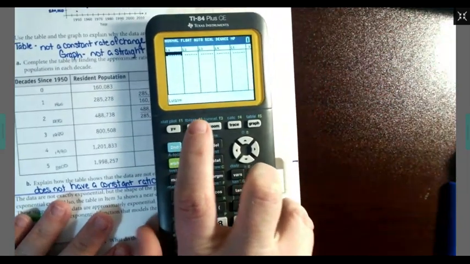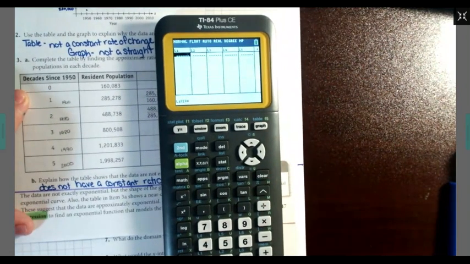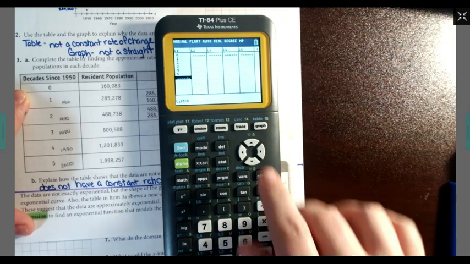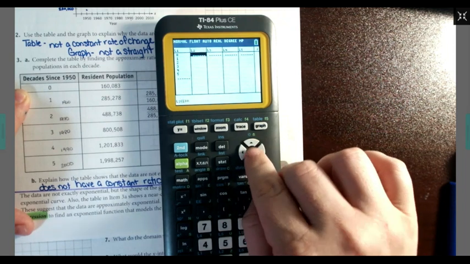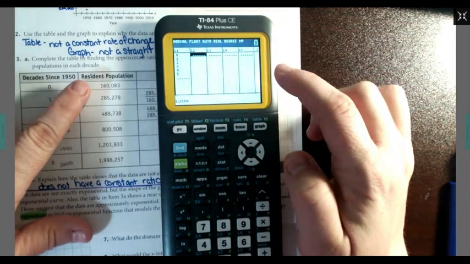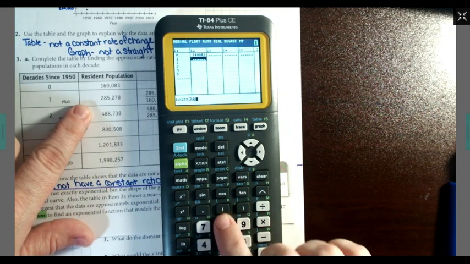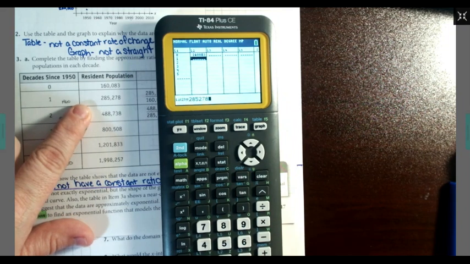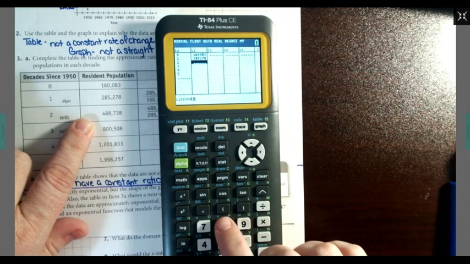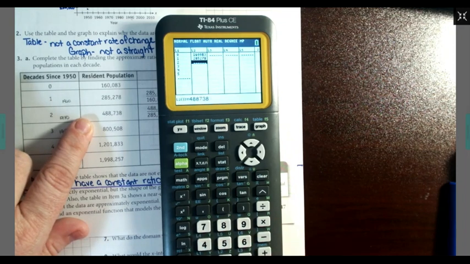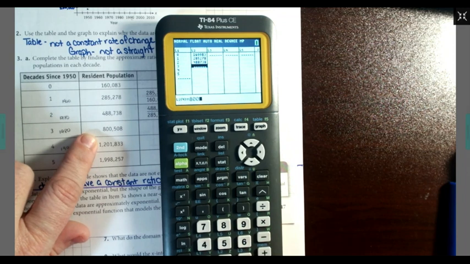The first thing I'm going to do is type in my decades since 1950. So we're going to start at 0. We're going to go to 1, 2, 3, 4, and 5. Now in the L2 column, I'm going to put in my population. 160,083 people, 285,278, 488,738, 800,508.